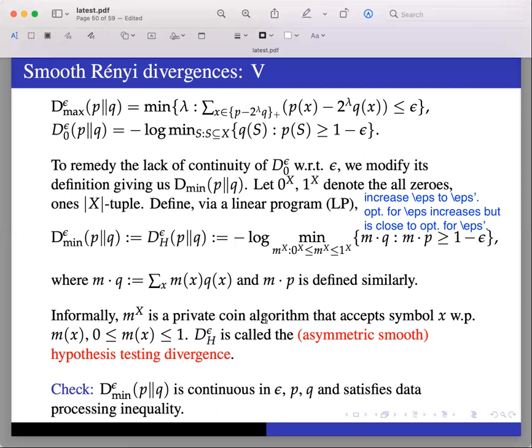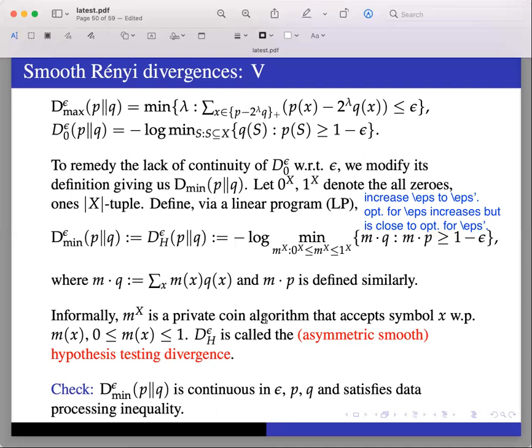Now this is a new quantity which we are defining. When we say that m is a private algorithm, what is the goal of this algorithm? It gives a Boolean outcome, accept or reject.